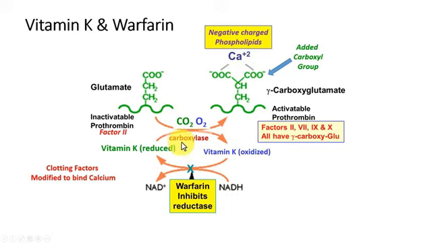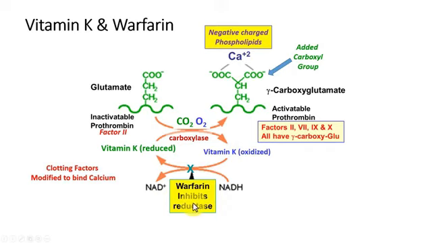Now, this process requires a carboxylase and CO2, and it requires reduced vitamin K. In the process of doing this reaction, vitamin K is oxidized. The oxidized vitamin K is no longer functional and has to be reduced, and there's a reductase in our bodies that does that to recycle our vitamin K.